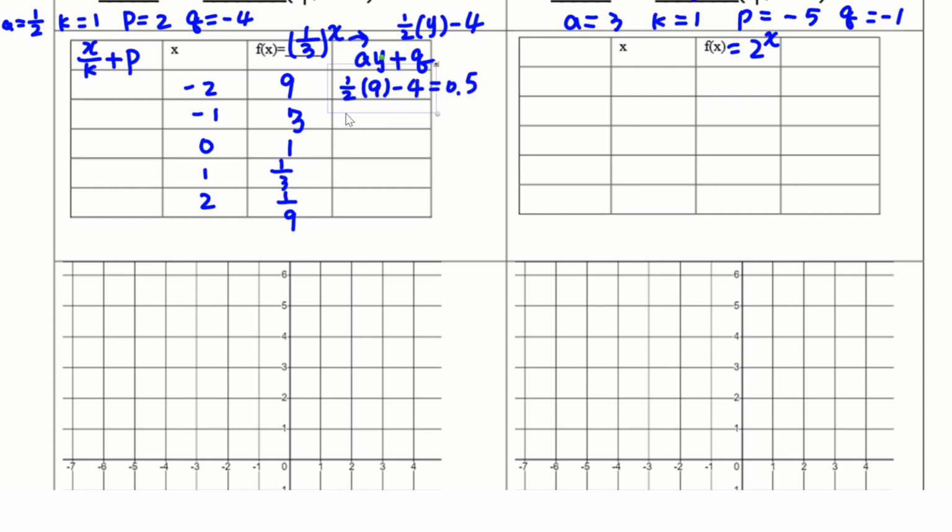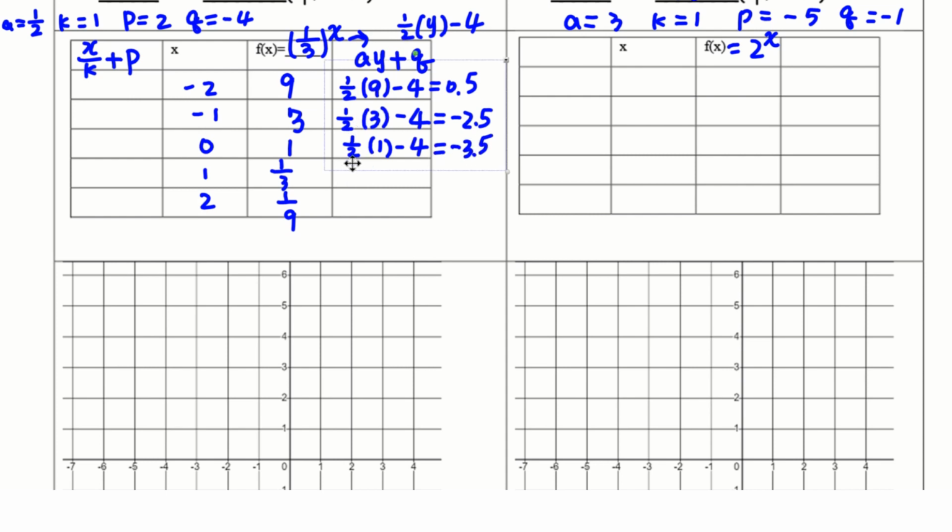Then sub in 3, 1/2 times 3 minus 4. It gives you -2.5. 1 is 1/2 times 1 minus 4. It's -3.5.